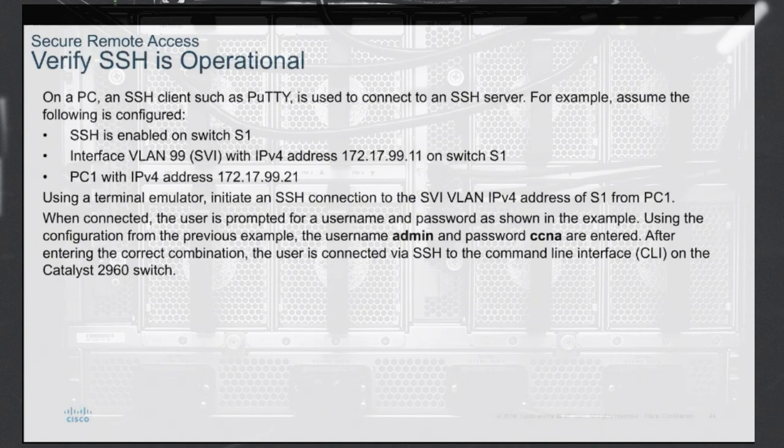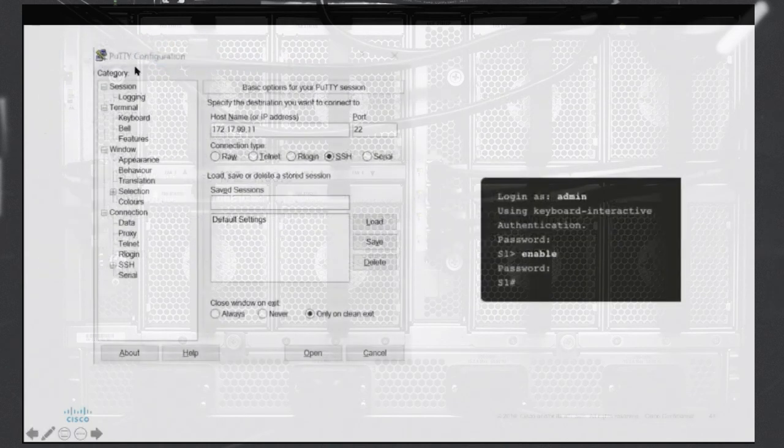So how to verify whether SSH is operational? You need to use third party tools such as PuTTY. I don't have it in here, or we don't have actual switches, so I'll just show you how it works on the next slide. So if you have this PuTTY configuration and you have a switch, you put that switch host name in here, port would be 22 and say SSH.